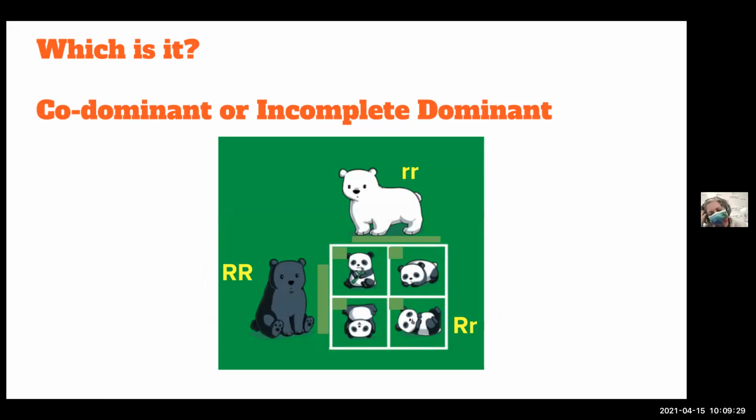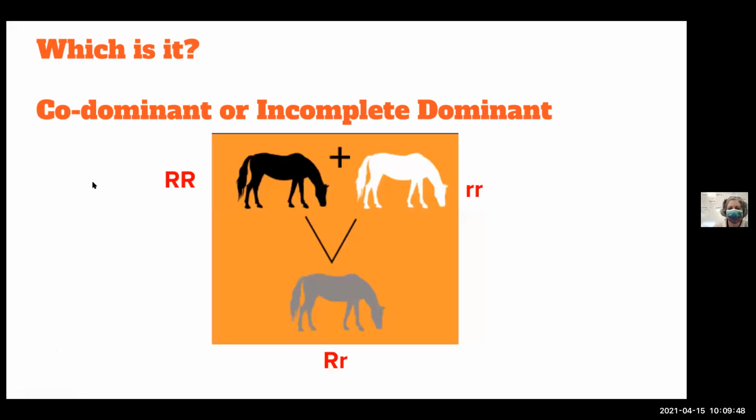So this example is trying to show if we crossed a white and a black bear and all of the babies have both white fur and black fur. So this would be co again, and. When we use the word "and," we're talking about codominance. All right, how about this one?